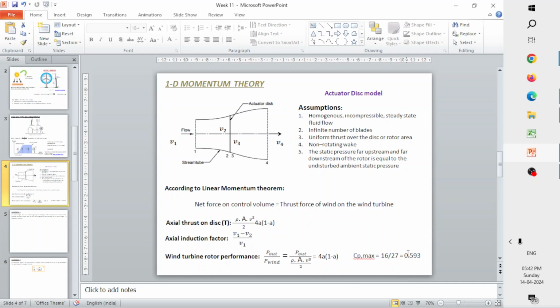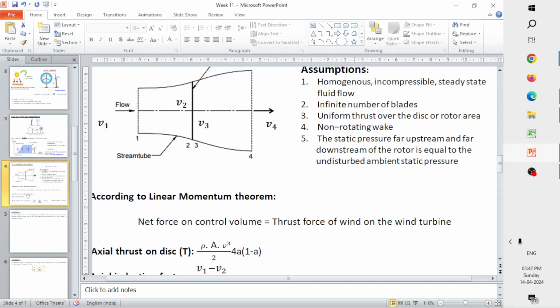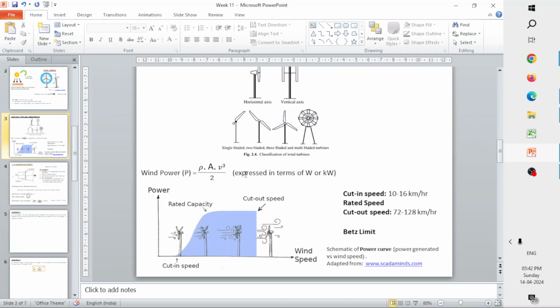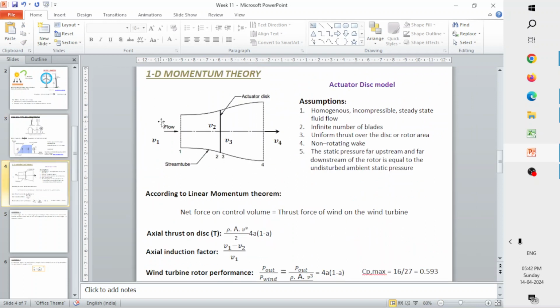But Betz, when he proposed that, he took some assumptions into consideration. If you remember the linear momentum theory, so this is the 1D momentum, or to be very specific, the linear momentum theory. He first compared the rotor with an actuator disk model, right?